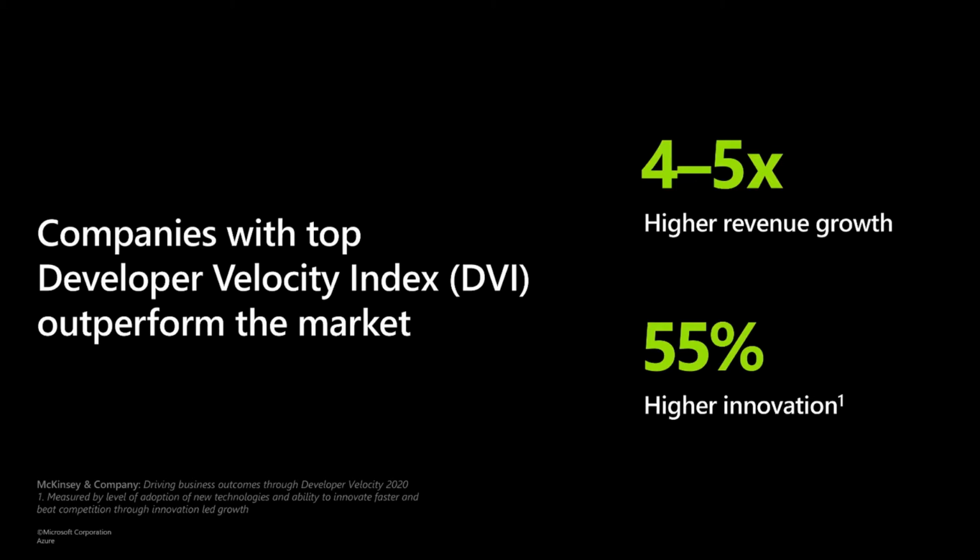Those businesses who are at that level make way more cash, and they grow their market faster because they can be more agile at delivering what customers want. So when you're talking to the CFO, say spending on developer tools will help us make more money.